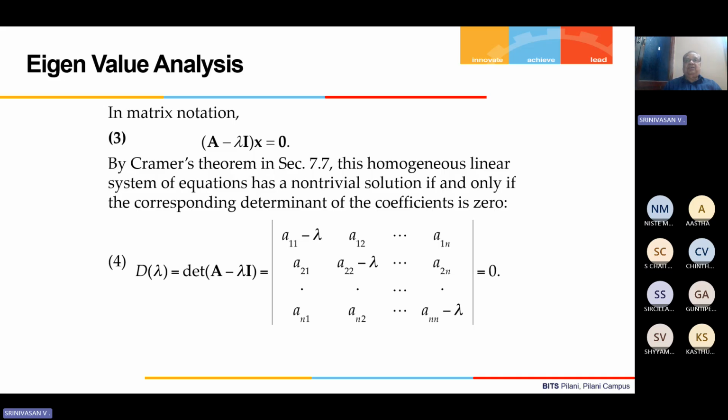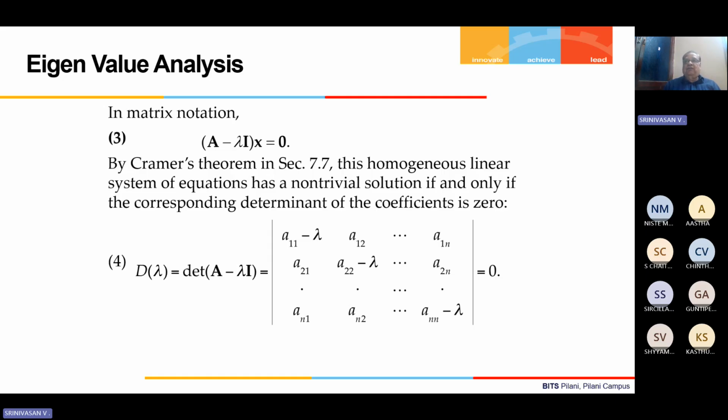So what are the coefficients here? These are the coefficients: A11 minus lambda, A21, etc., An1 are coefficients of x1. A12, A22 minus lambda, etc., An2 are coefficients of x2. A1n, A2n, etc., Ann minus lambda are coefficients of xn.